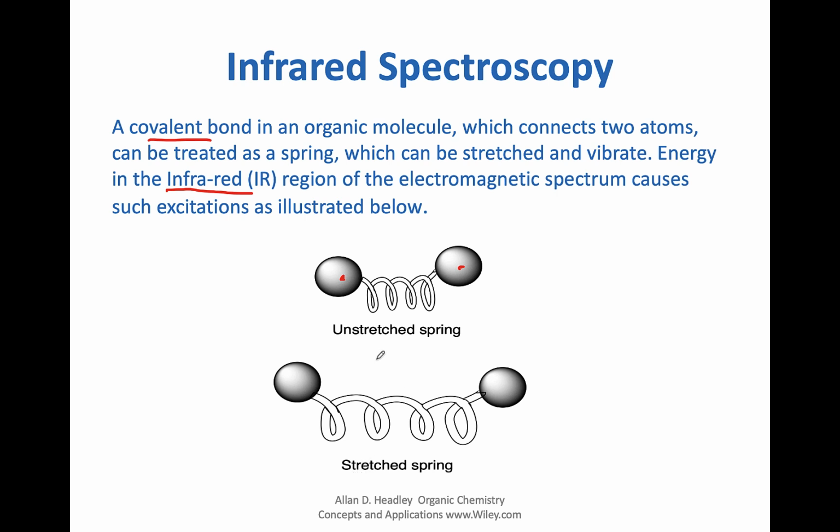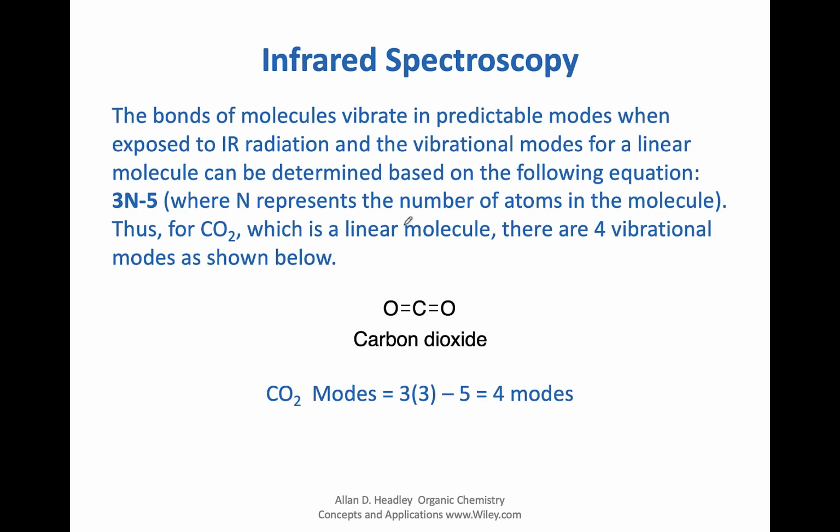So that's a vibration, that's a stretch vibration. Based on that energy that's absorbed for this stretch, we get some information about this bond here. So let us look at a real molecule.